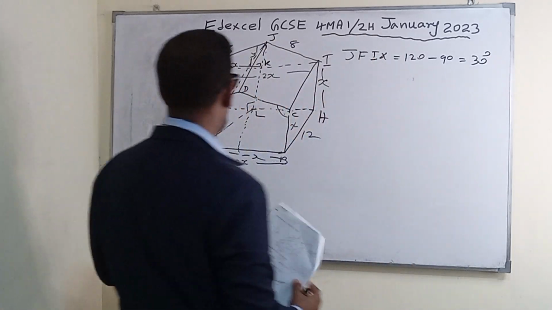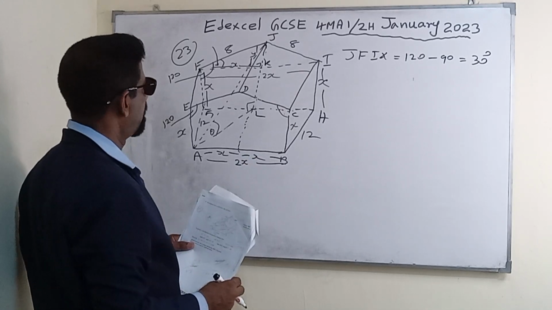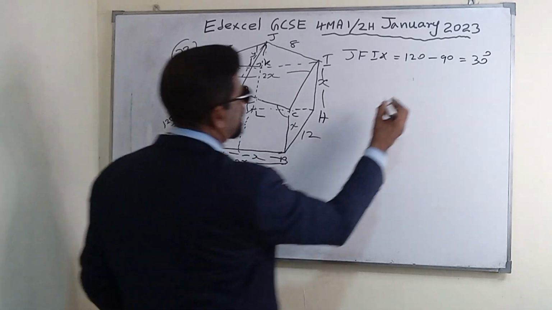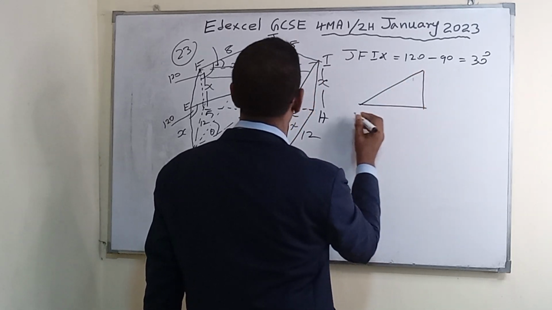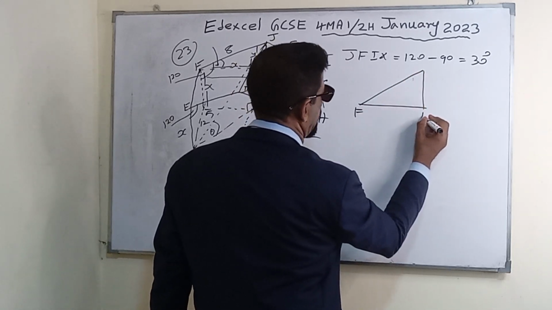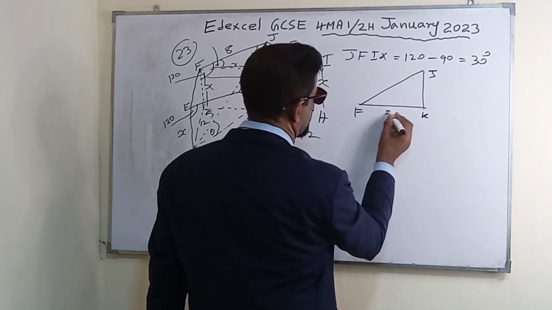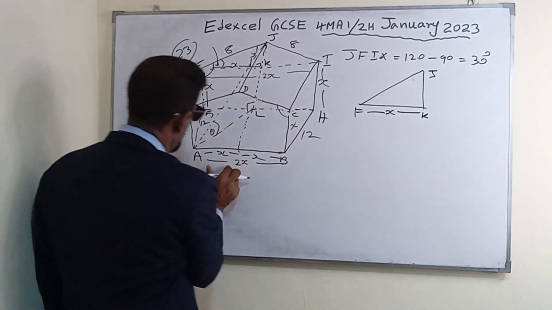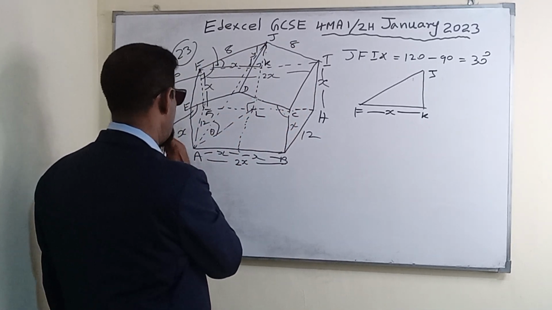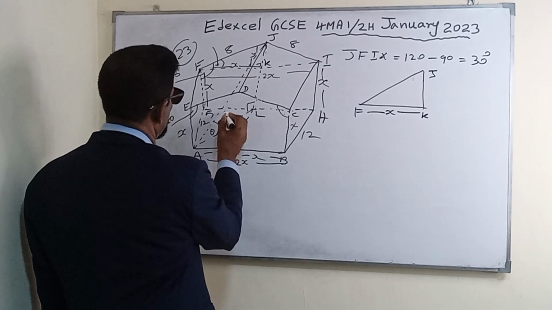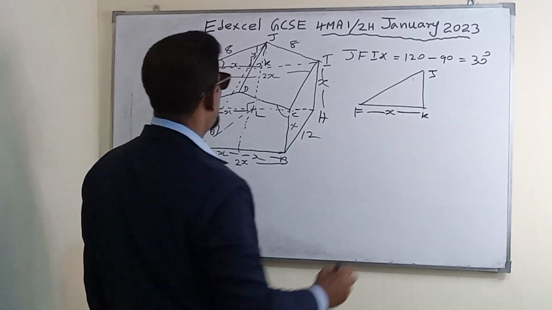I drew a big diagram because a small diagram can't be seen. This is 30 degrees. Then draw that right angle separately, with F, K, and J. This is x, this one also x, and this is y.